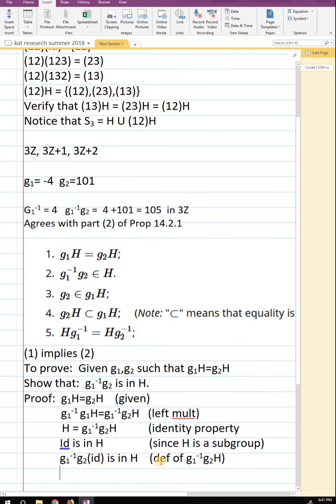Right? So I'm done, right? Because if I take the identity, that's the idea. So this is the identity property.